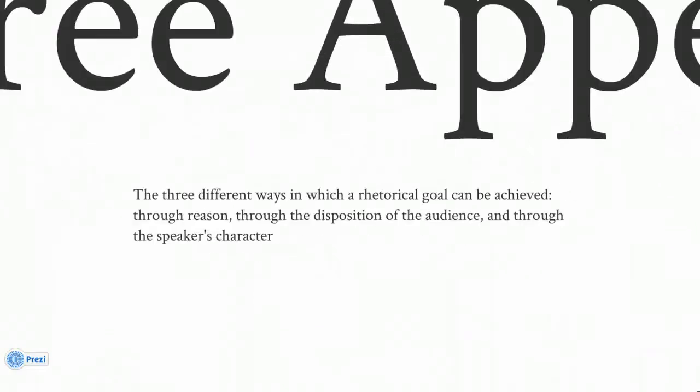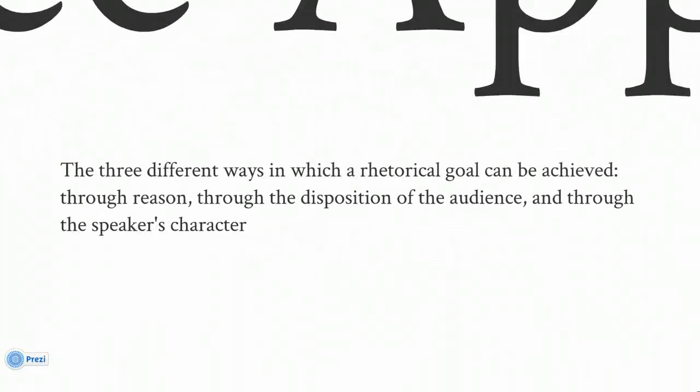So when I'm talking about the three appeals, I'm talking about the three different ways, there are only three, in which a rhetorical goal can possibly be achieved. These three appeals are the only ways you can convince someone to do anything or cause someone to feel something, that sort of thing.